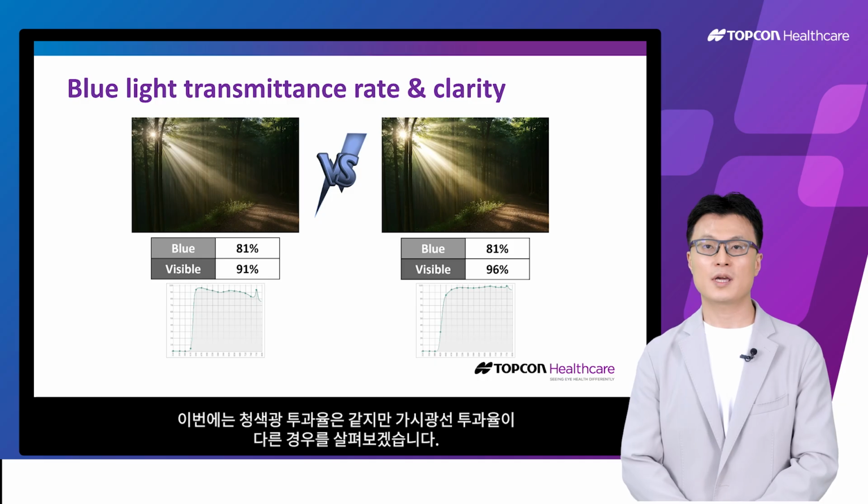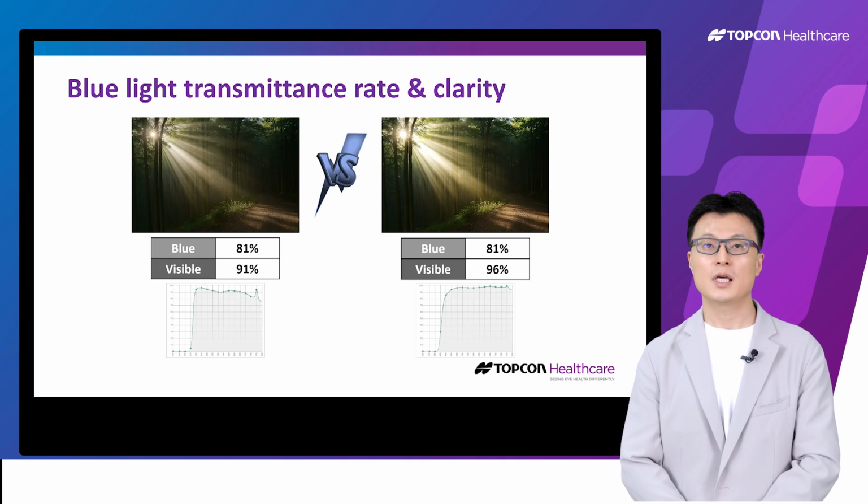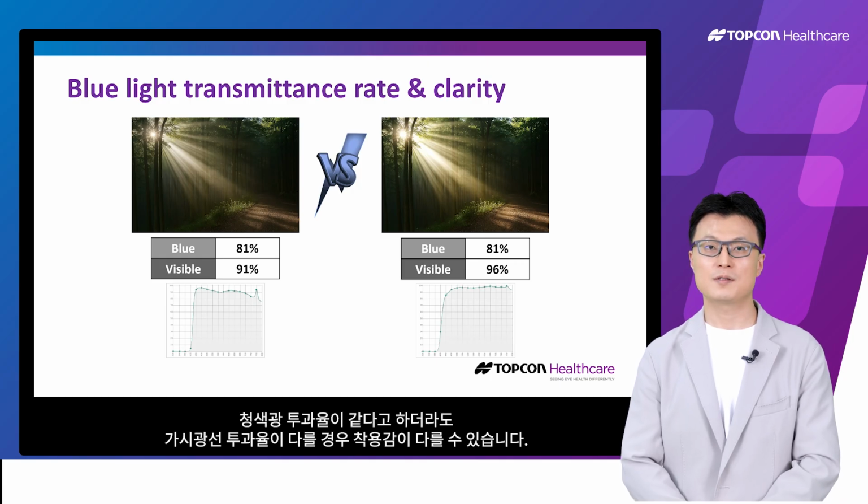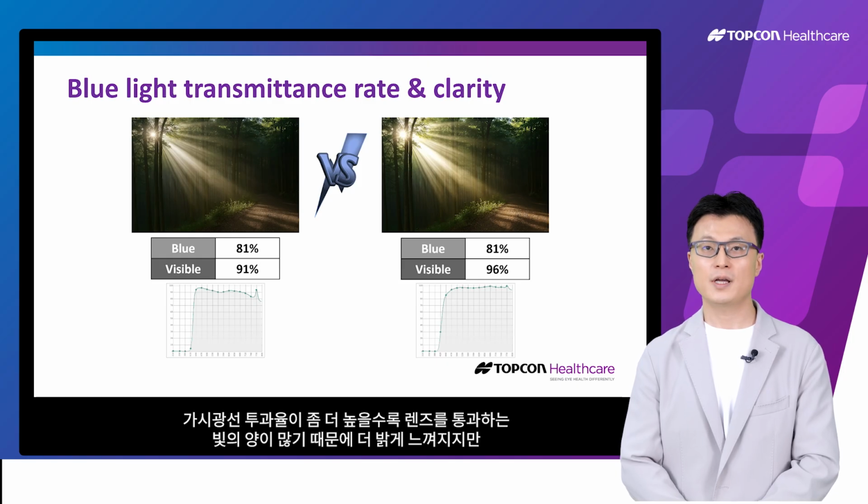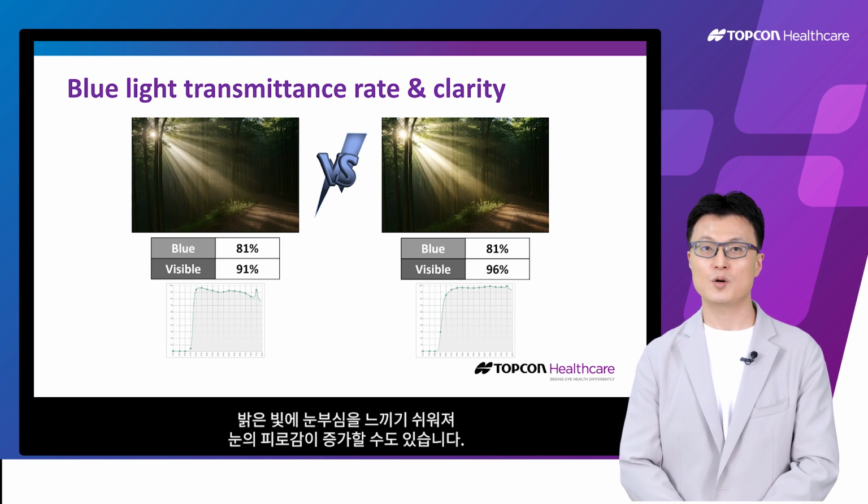Let's take a look at a case where the blue light transmittance is the same, but the visible light transmittance is different. Even if the blue light transmittance is identical, variations in VLT can affect how comfortable the lenses feel. A higher VLT lets more light through the lens, so things look brighter, but it also makes you more prone to glare, which can lead to eye fatigue.